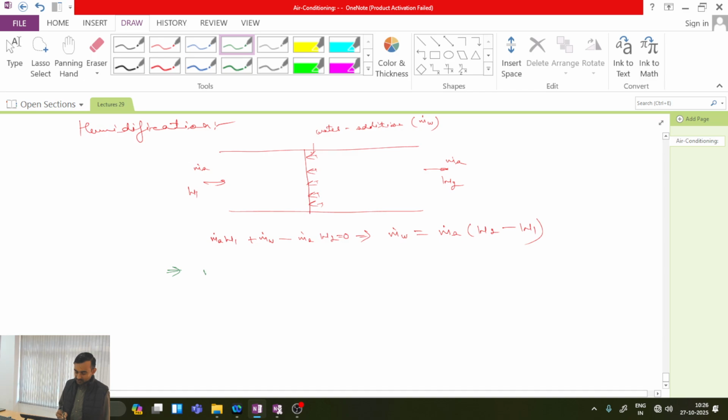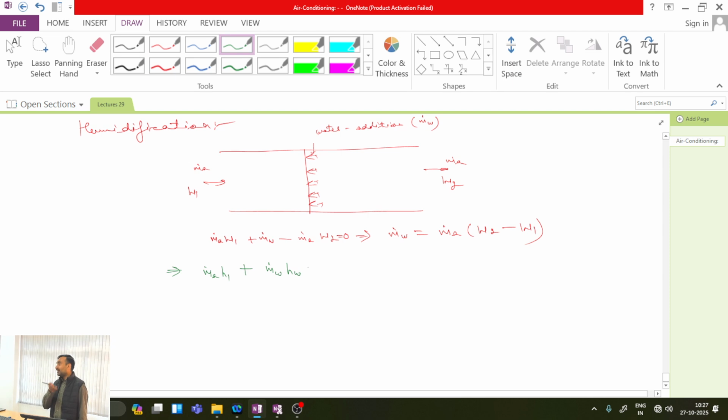In the energy balance, what will be happening? m dot A into H1 plus m dot W, but m dot W is with what? With some enthalpy. Let's call it HW.